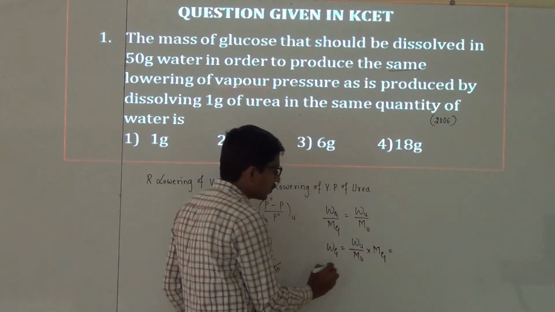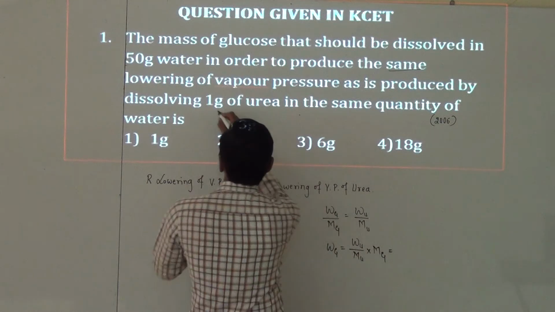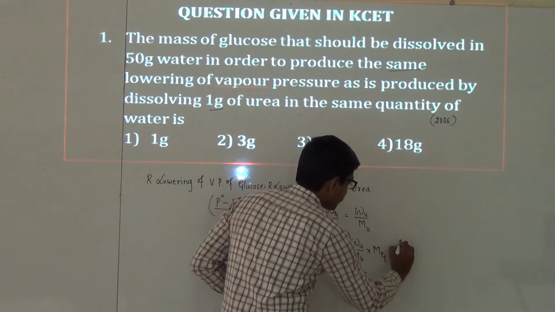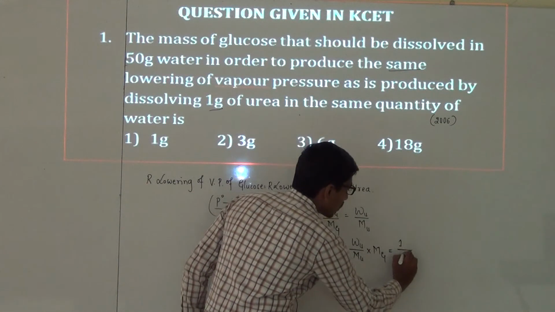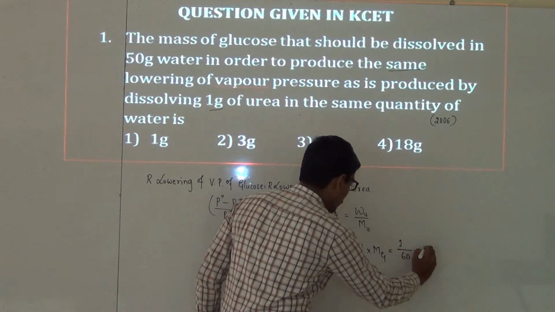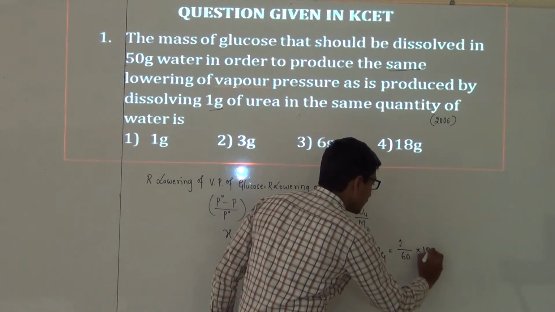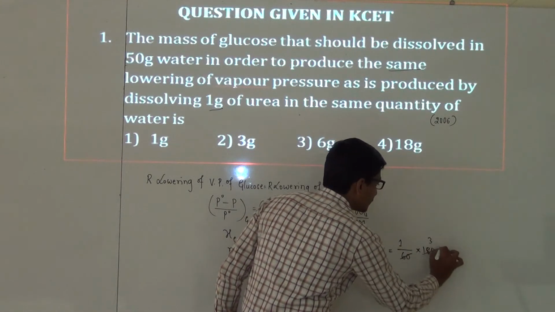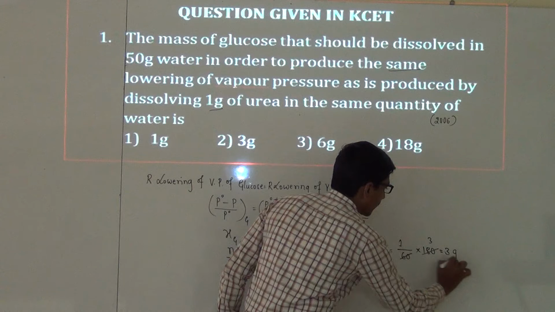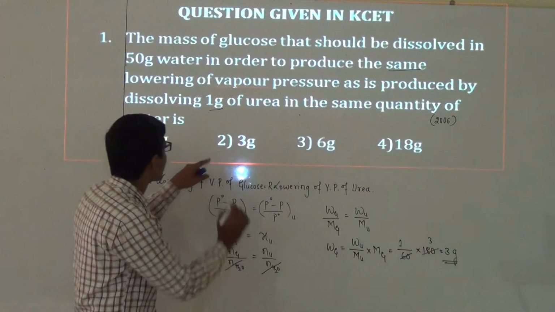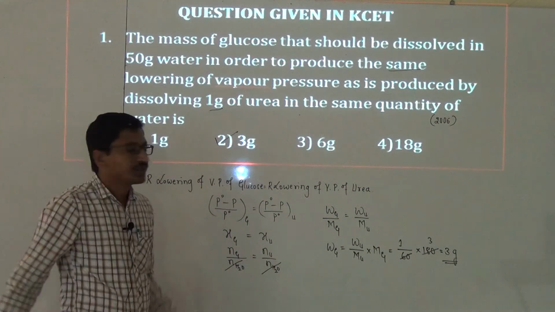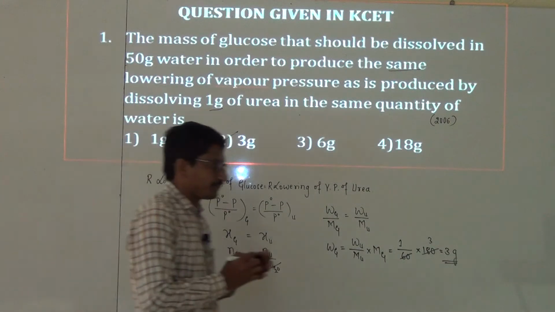This is equal to the weight of urea, 1 gram, and its molar mass is 60, into the molar mass of glucose, 180. This is equal to 3 gram, and the correct answer for this question is the second one.